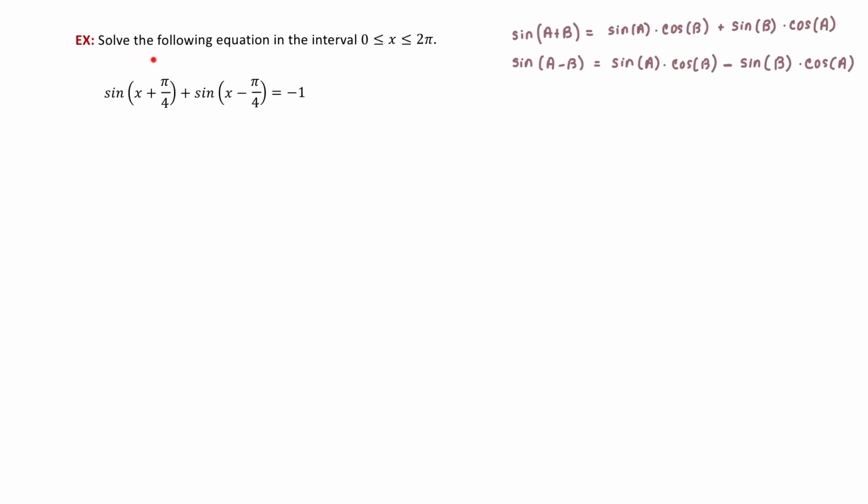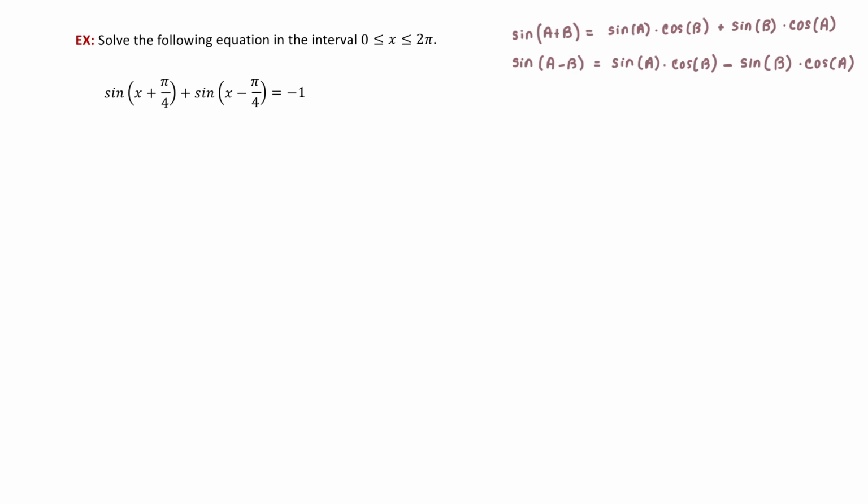This question is asking us to solve the following equation in the interval from 0 to 2 pi. When I look at the equation, I see that the first term is the sine of x plus pi over 4, and the second term is the sine of x minus pi over 4.